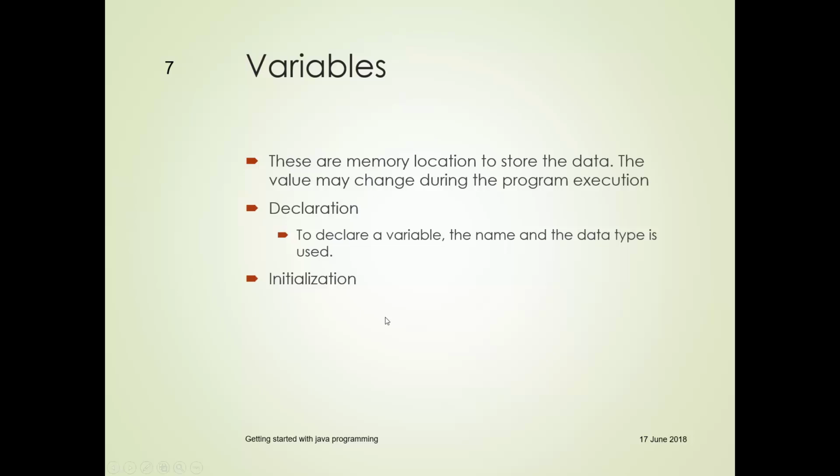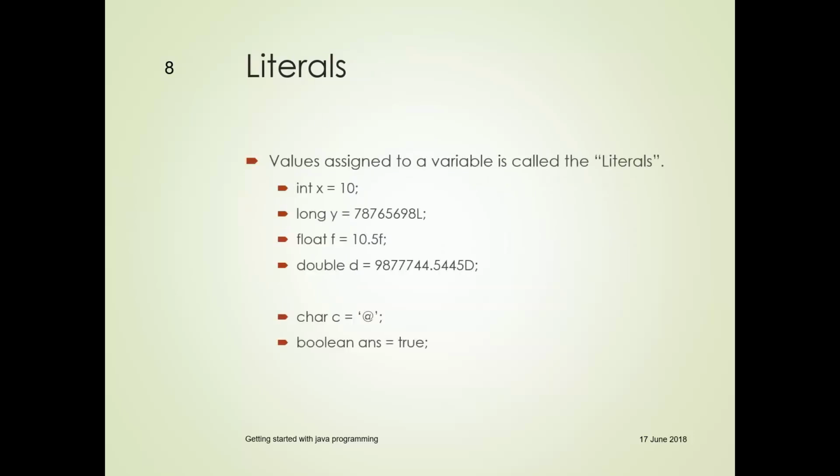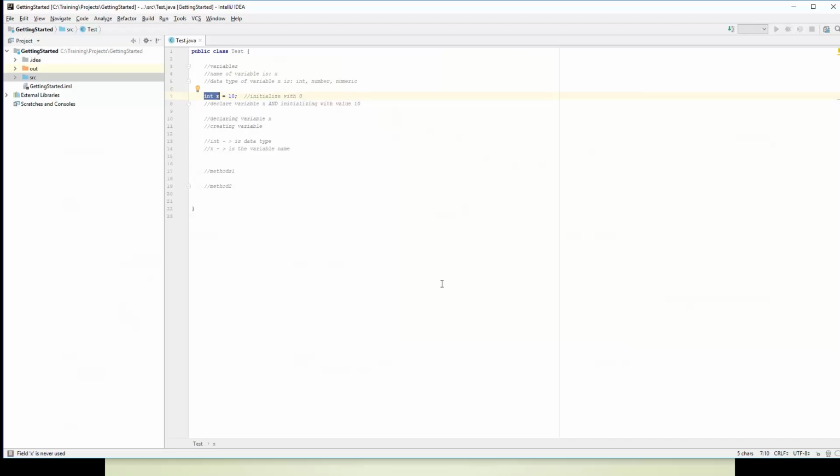By default, I told you that the primitive data types are automatically initialized, but if I want, I can assign a value. Now, literals. A literal is nothing but the value that we are going to assign to a variable. In our example, the value 10 that I have stored is a literal.